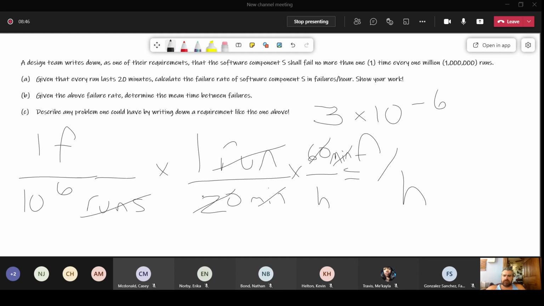I think that's right, but let me double check my key before I give you guys bad information. So failures per hour, you end up with something like 3 times 10 to the negative 6 failures per hour. Obviously you wouldn't want it to fail much in a given hour, so you want a small number. So that's pretty decent.